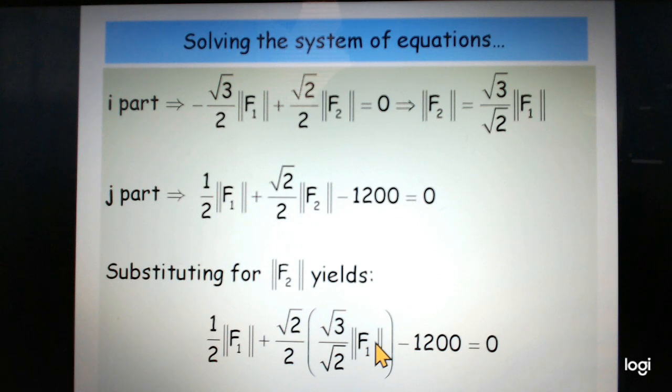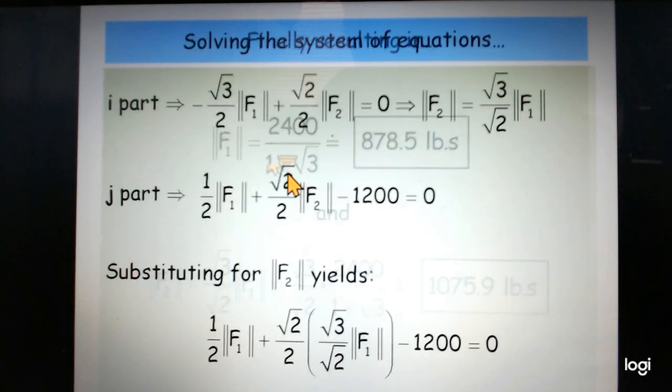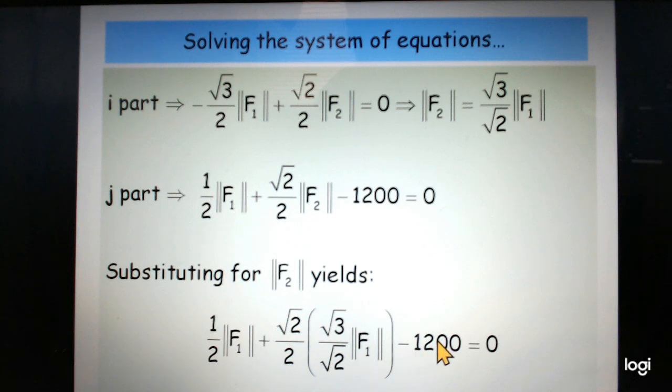I'm going to do some razzle-dazzle. I'm going to cancel out the radical 2's here and multiply everything by 2. Let's go back. I multiply by 2, and this becomes a 2400. I get it over to that side, and I have 1 plus radical 3 times the quantity magnitude of F1.